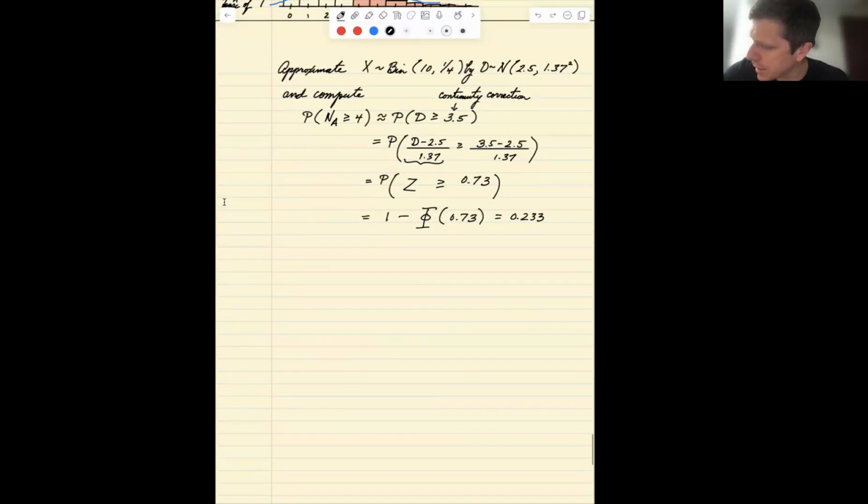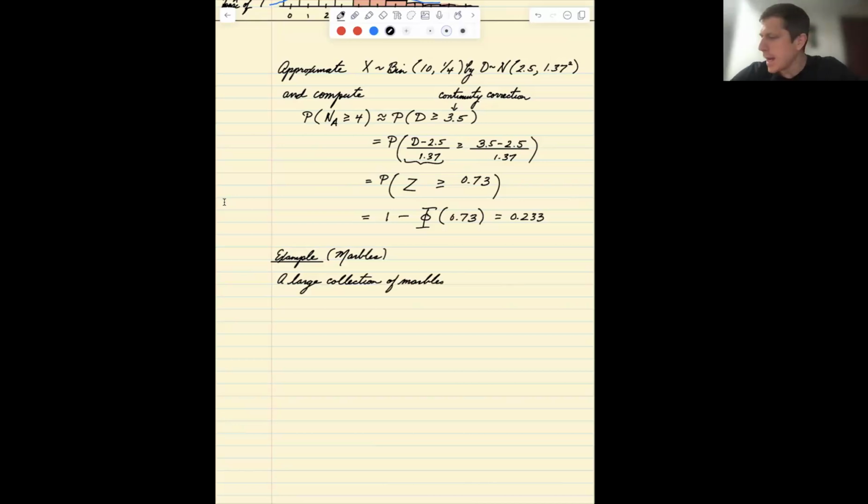Let's go through another example. Some kind of marbles example. So what we have is a large collection of marbles. And they have diameters.